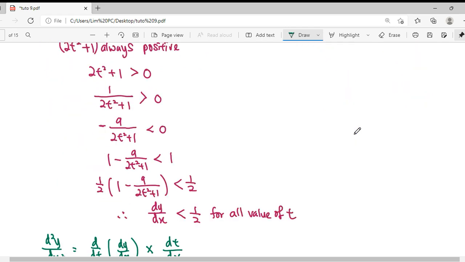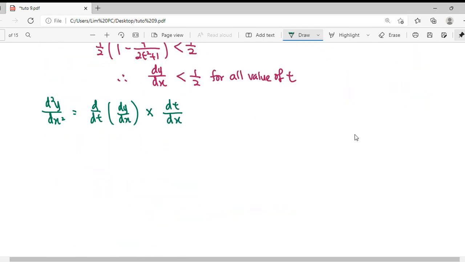We're going to differentiate 1 over 2, then minus 9 over 2 times 2t squared plus 1, and then times dt/dx. So I haven't started any differentiation yet. I just wrote the formula.